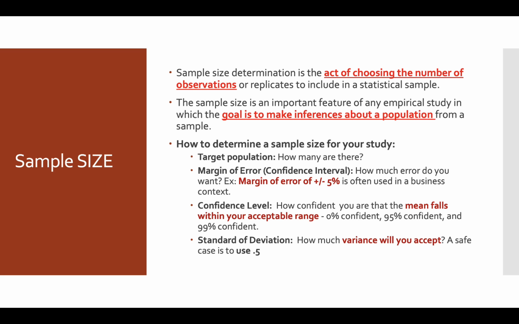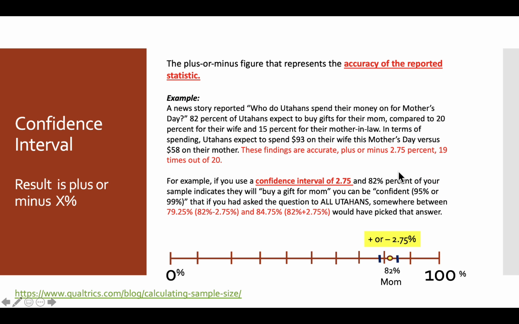So you have to decide what range the mean should fall in, and that generally depends on how important the decision is. There is also a standard deviation, which is the variance between the answers, and a safe case in business is 0.5. So let's talk about the confidence interval.